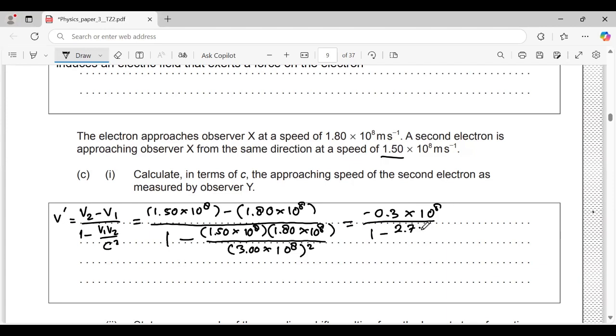2.7 times 10 power 16, not 8, because 8 plus 8 is 16. And this is 9 times 10 power 16, divide.